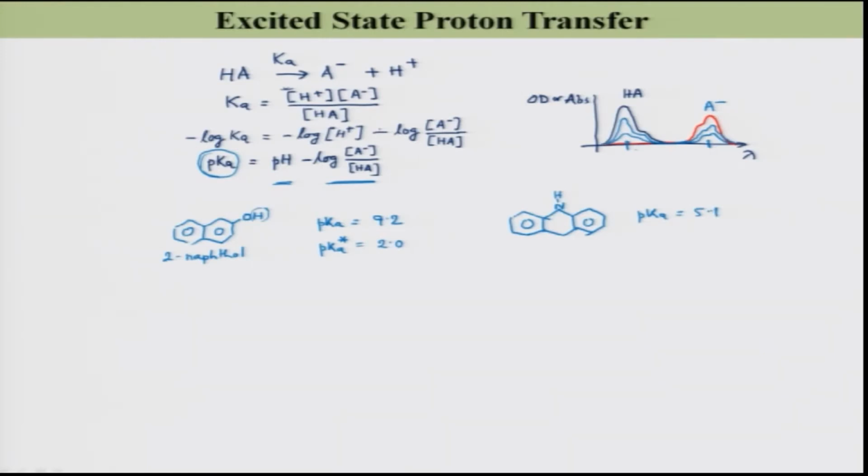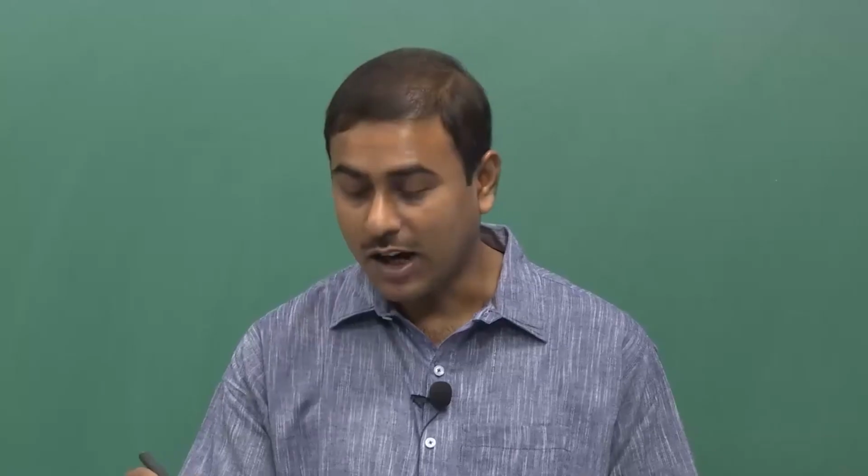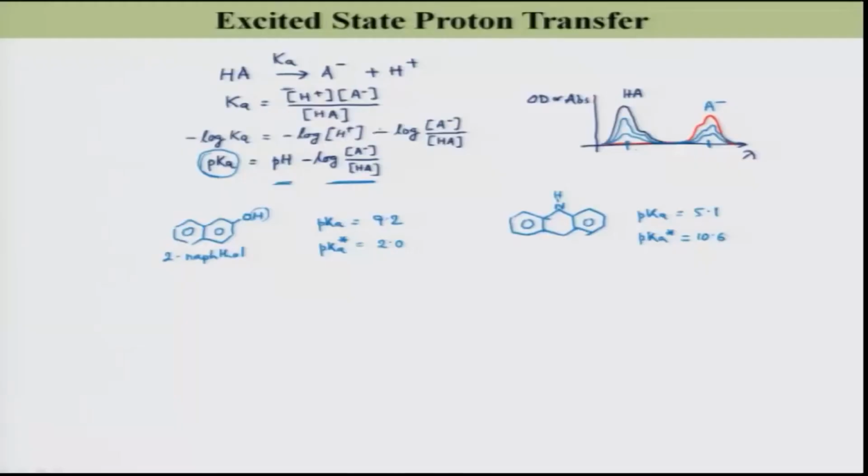However, in the excited state, if you shine light, the pKa turns out to be 10.6. That means under photoexcitation, this molecule becomes a strong base. It was 5.1 in the ground state, but in the excited state it is 10.6. So you see the change of acidity of this molecule under photoexcitation.